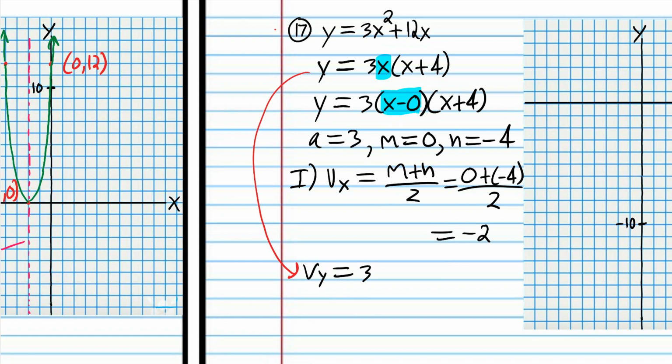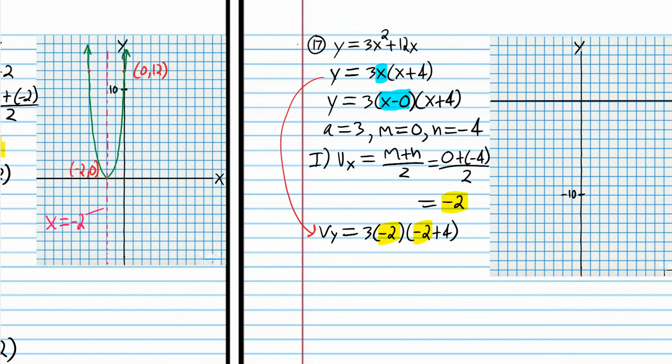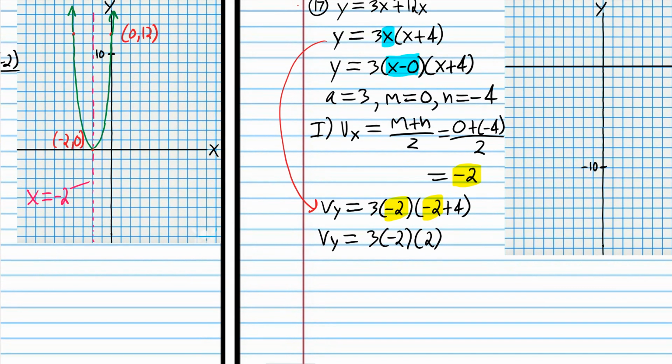So we have 3 times negative 2 times negative 2 plus 4. Just to be absolutely clear, I got that negative 2 from there. So the y value of the vertex is 3 times negative 2 times positive 2, which is negative 12. So the vertex is negative 2, negative 12.